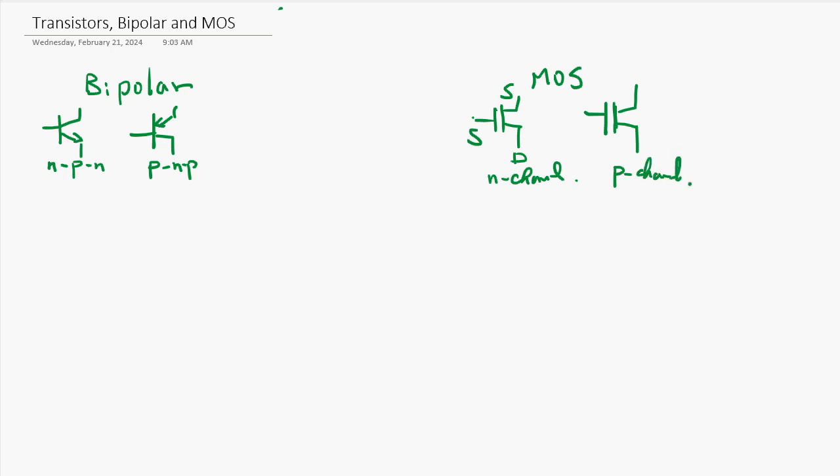Okay, so since N channel, the substrate is, I'll show you the structure later. The substrate is N type, so it's going against the P type. You can indicate like that.